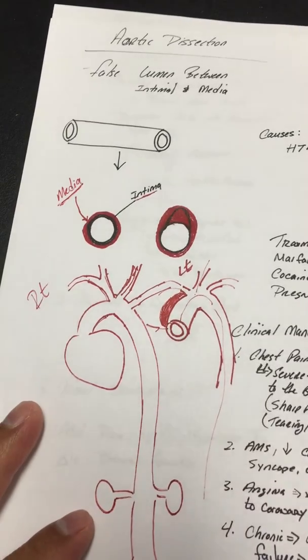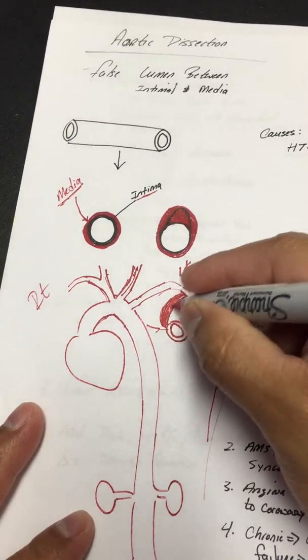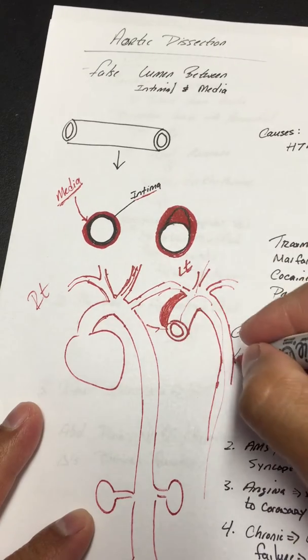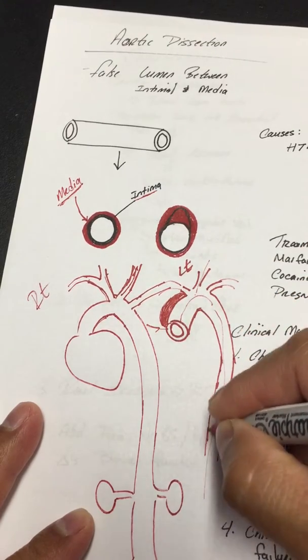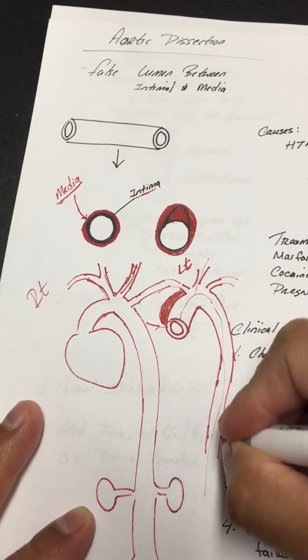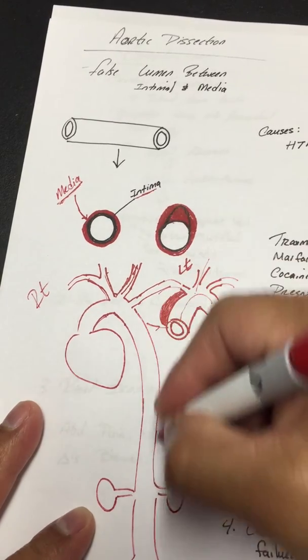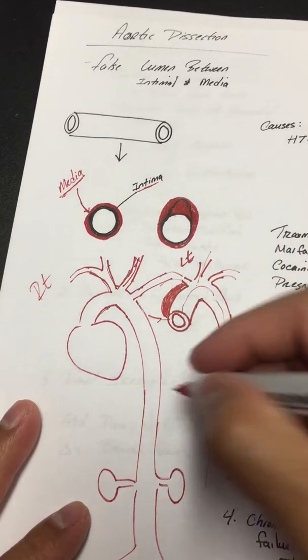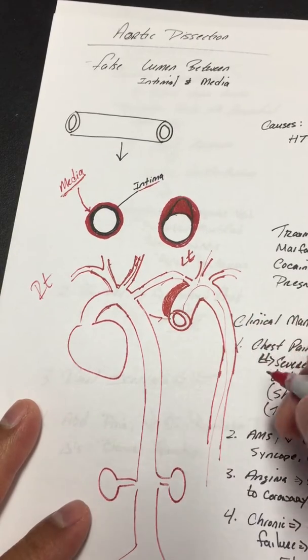If, however, let's say that there is no dissection there, this is perfectly fine. We go a little bit further down. Now this is descending, it's going down, so this is typically known as the descending aorta.